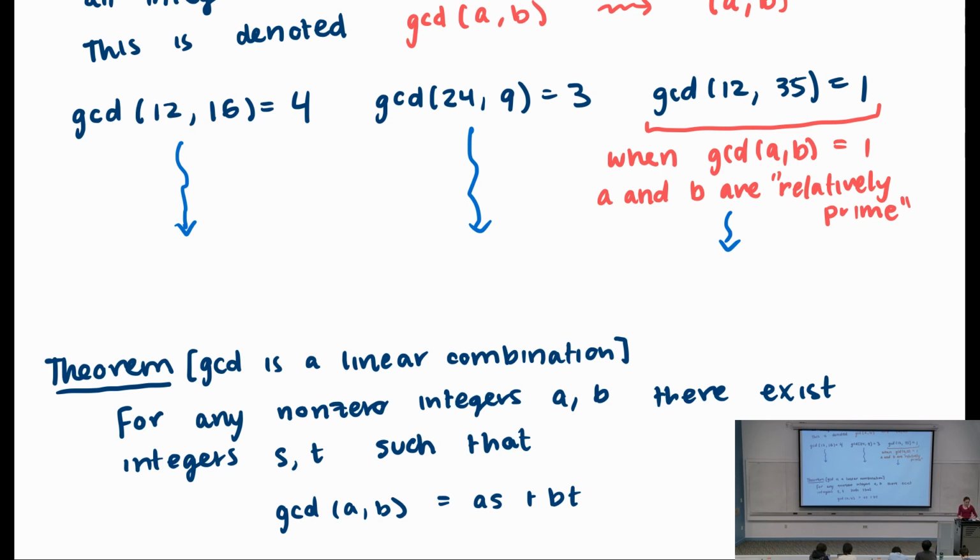Okay, so how do we write the GCD as a linear combination in each of these cases? So how do we write 4 in terms of 12 and 16? Yeah, so 12 times -1 plus 16 times 1. Okay, and what about for this one? How to get 3?